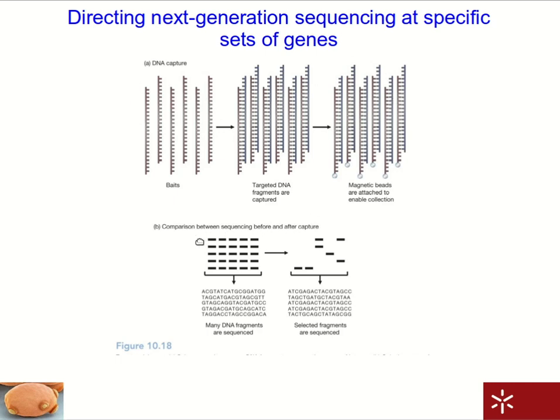So you don't sequence all the fragments that you had, but only a small fraction. This means you get fewer reads, but you can add much more DNA in the initial step, and you can get the information that you want. It could also be other kinds of targets, disease genes in a population, for instance.